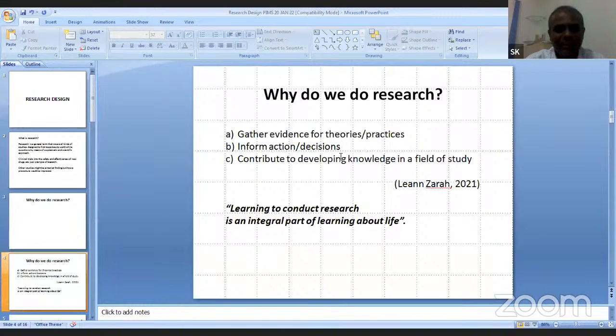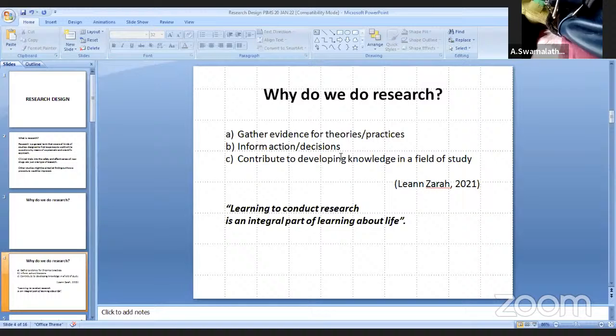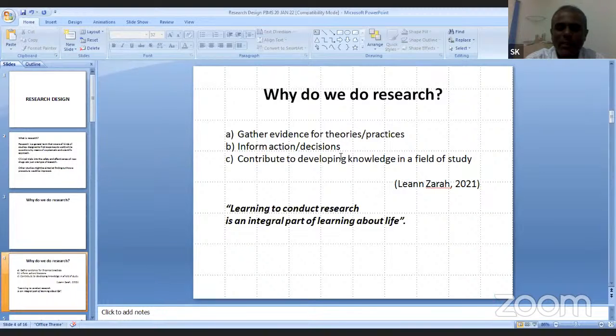So learning to conduct research is an integral part of learning about life, and I extend that to saying it is an integral part of learning how to live a meaningful life. You may not be a researcher in the defined sense, as an academic or a university professor. Even a common man, even farmers, when they sow seeds, have knowledge accumulated from years of work.